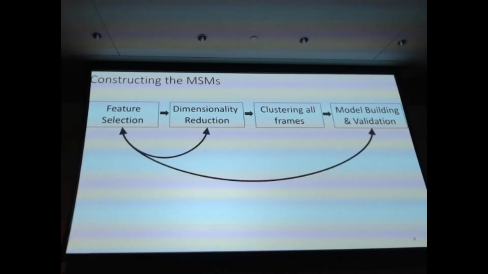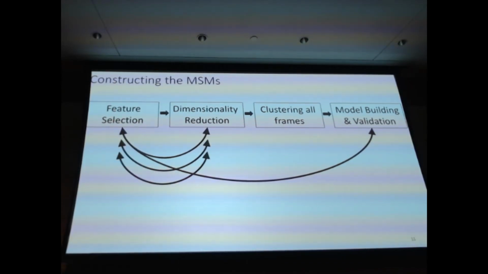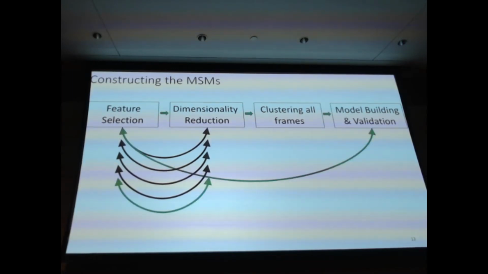In my case, it was really an iterative process to identify these features, like the last speaker talked about. It's kind of difficult. And by iterative, I mean really iterative. It took a lot of time and pain, and it ended in a graveyard full of failed MSMs. But it ultimately did work really well.